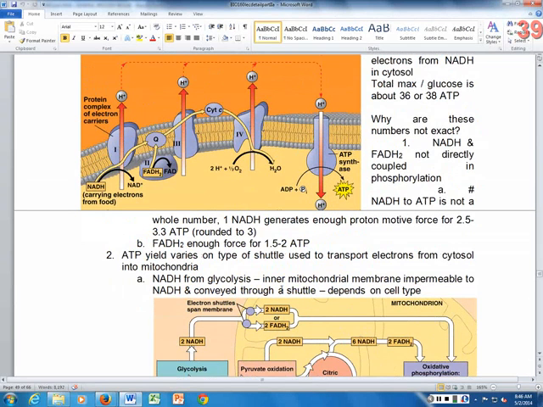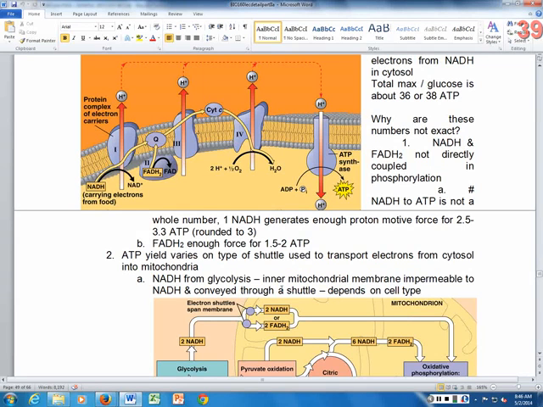So for every NADH that's going to go through, they figure that it's not actually a whole number, and here it gives you 2.5 to 3.3 ATP made. We round it to 3 when we count these. The FADH2, we round to 2 when we count those.